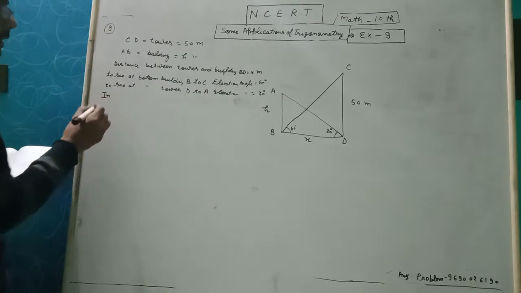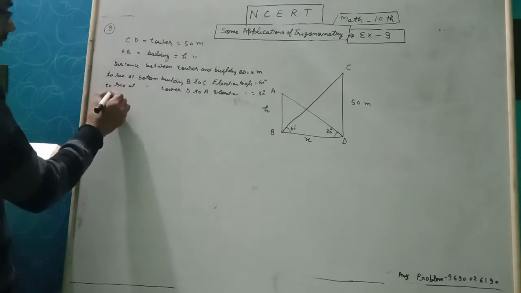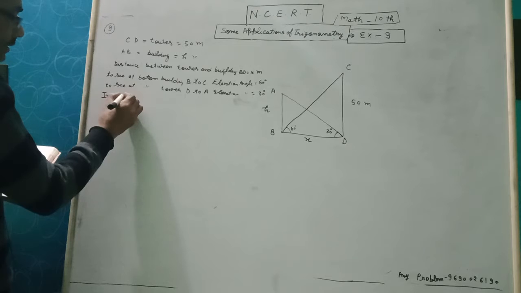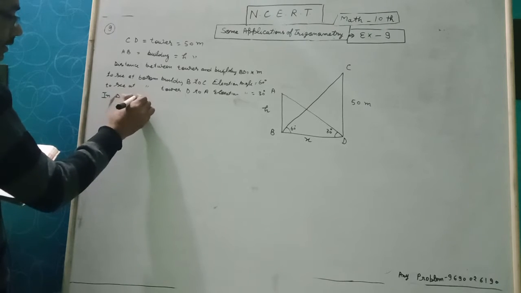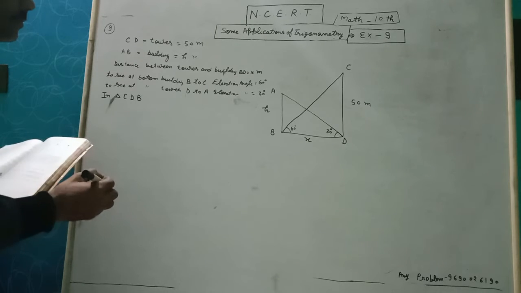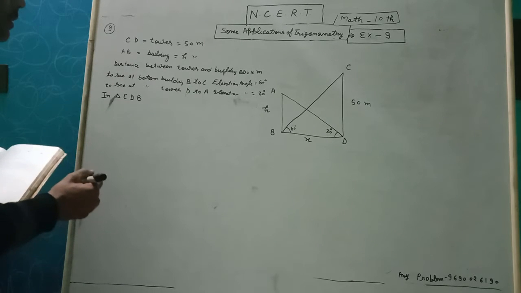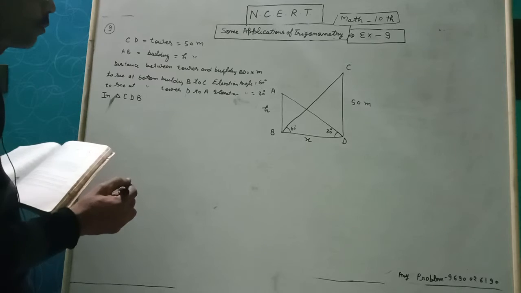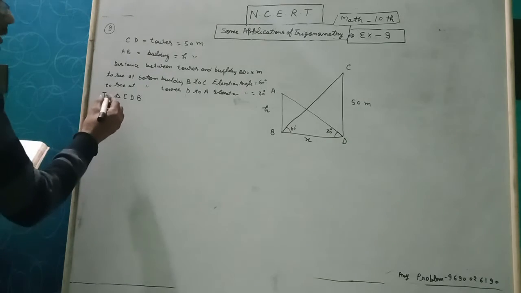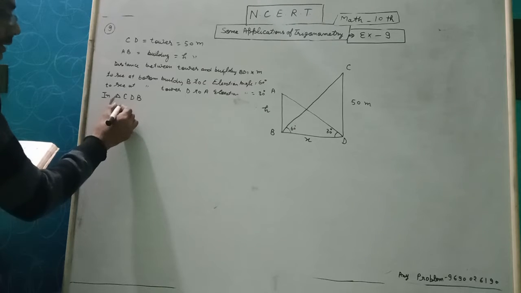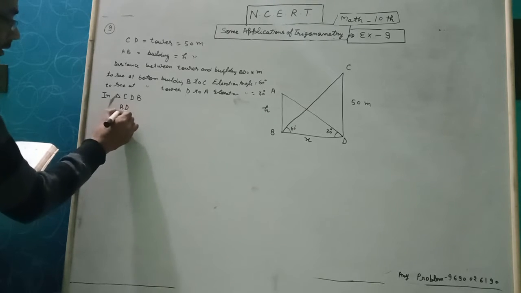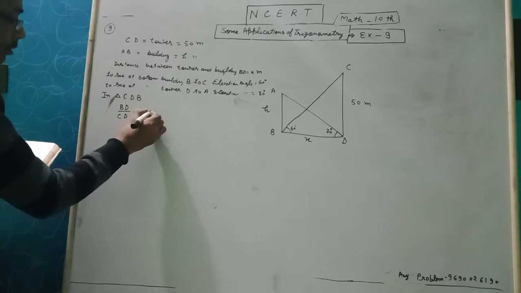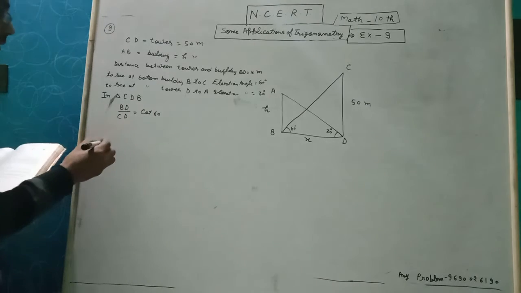At first, we take the triangle. In triangle CDB, where D is 90, BC is the hypotenuse, BD is the base and CD is the perpendicular. Perpendicular upon base, CD upon BD is equal to cot 60.